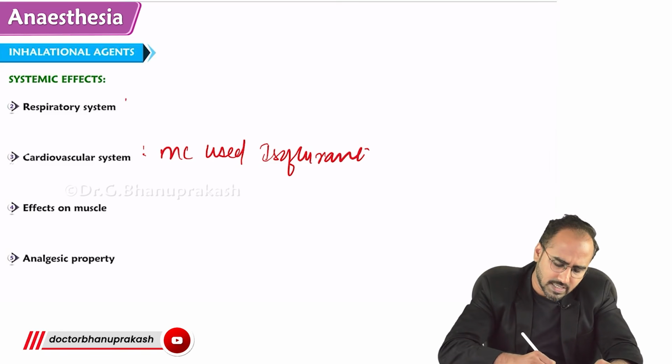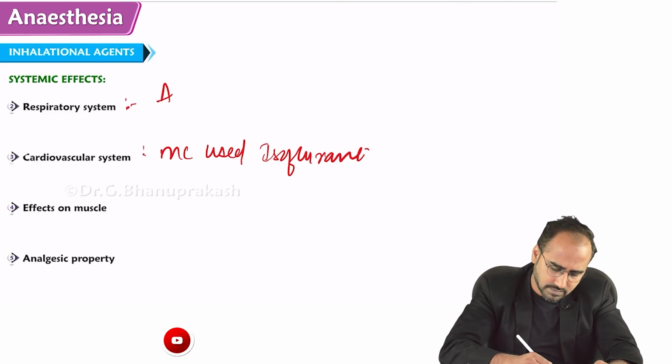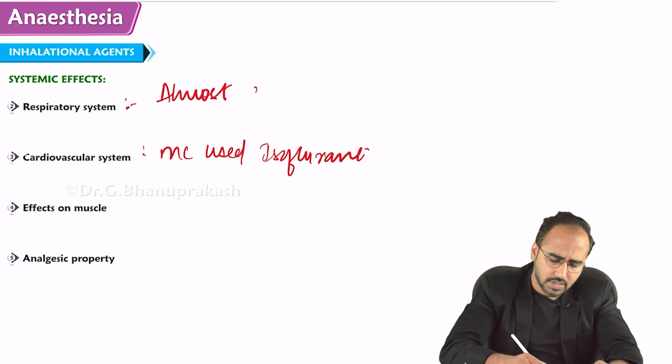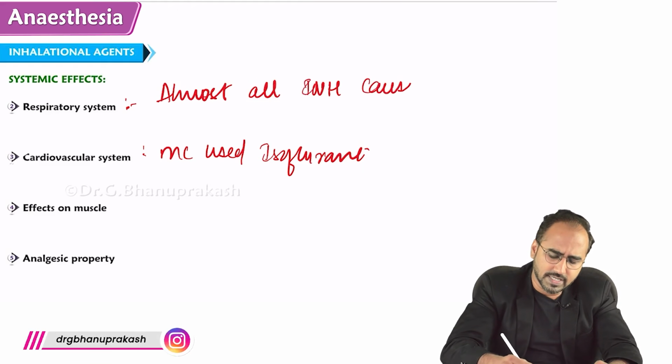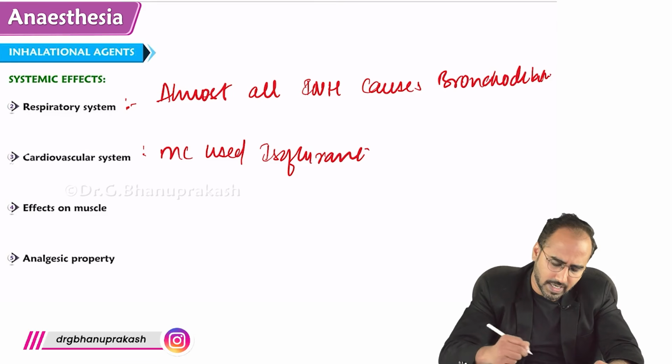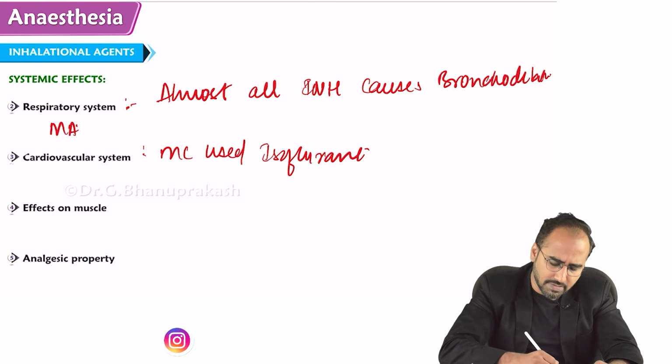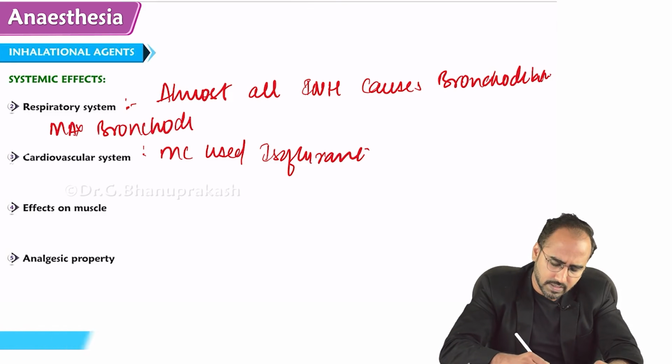First, we will discuss other inhalational agents. Just remember, guys, almost all inhalational agents cause bronchodilation. Causes what, guys? Bronchodilation. But maximum bronchodilation is seen with halothane.